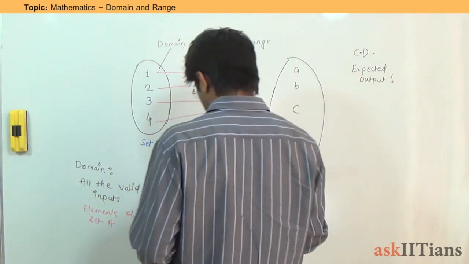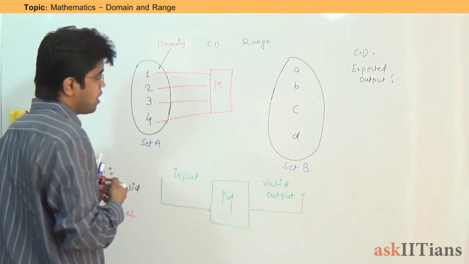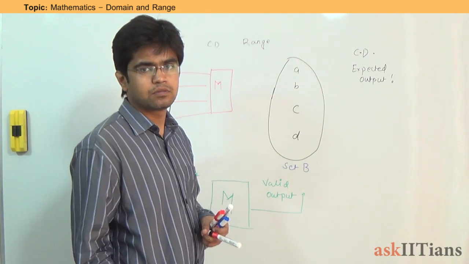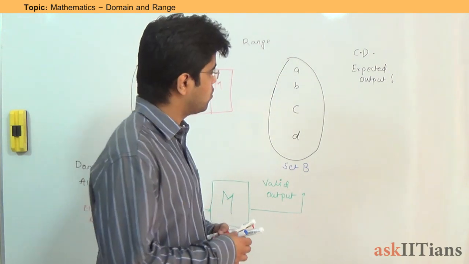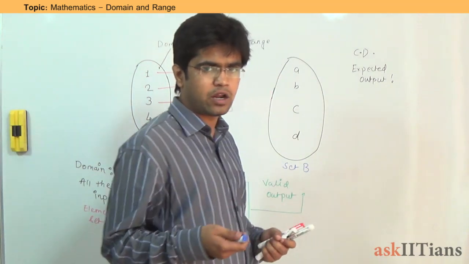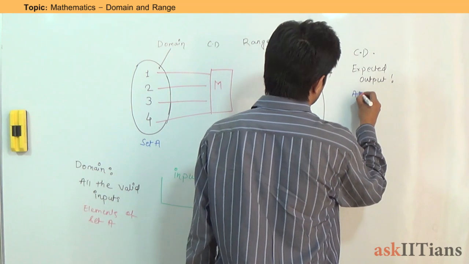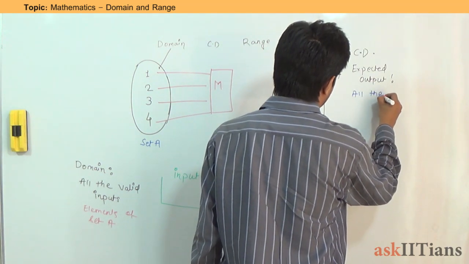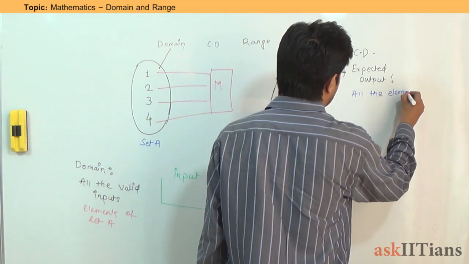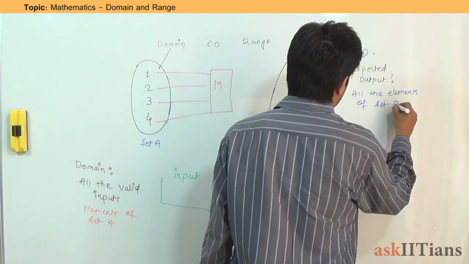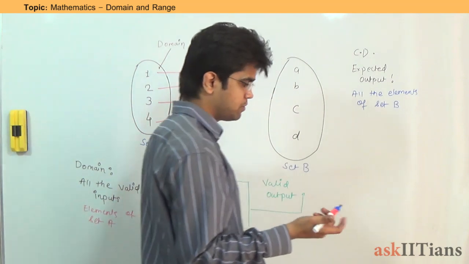I don't actually know what my output is, but I am expecting that any of these elements can be the output, so I cannot exclude any of them. So all the elements of set B are my expected outputs.